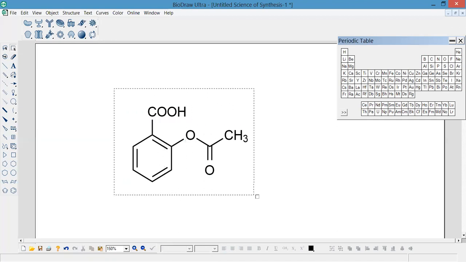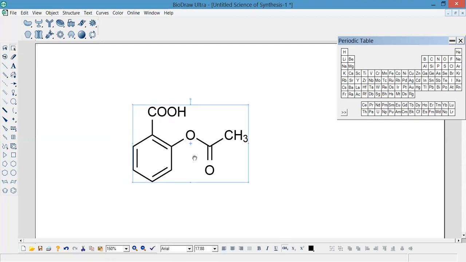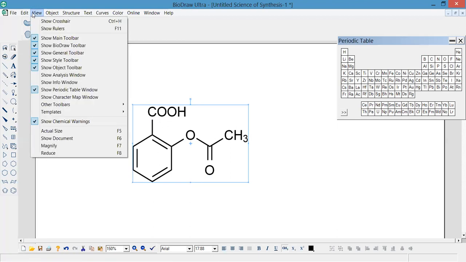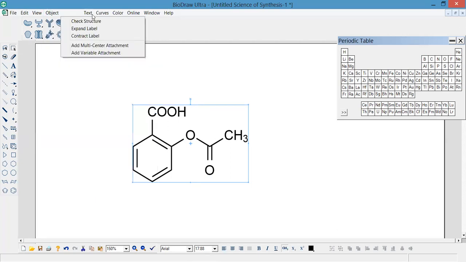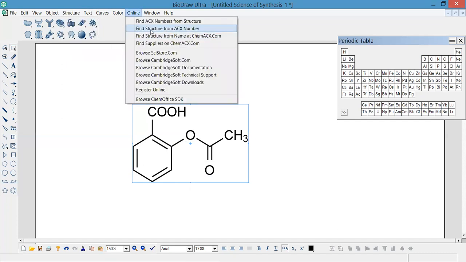Now you can get the exact IUPAC nomenclature of this molecule. Go to the structure toolbar, find structure, find name, name at ChemDraw.